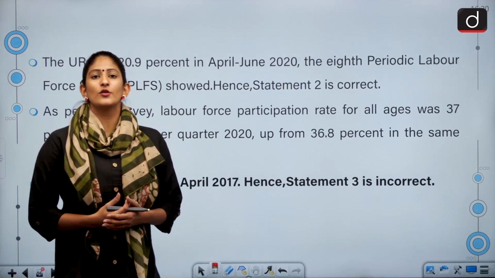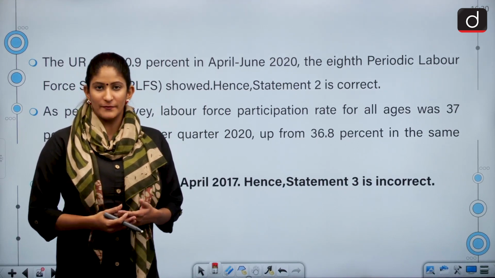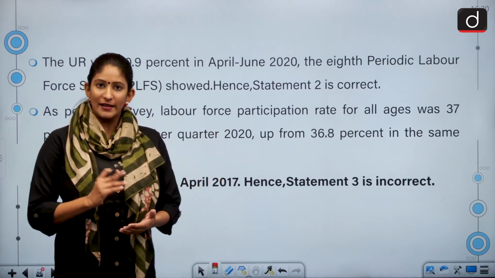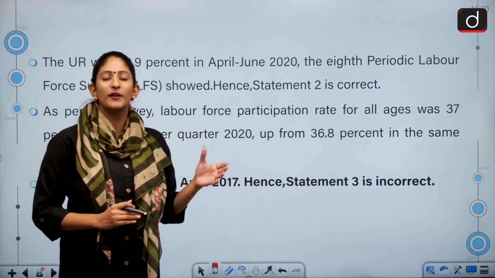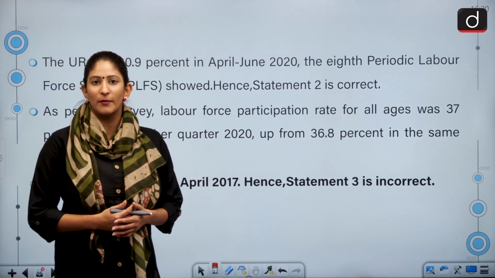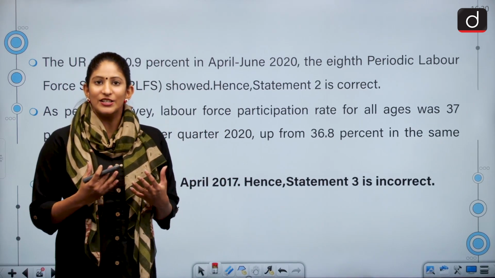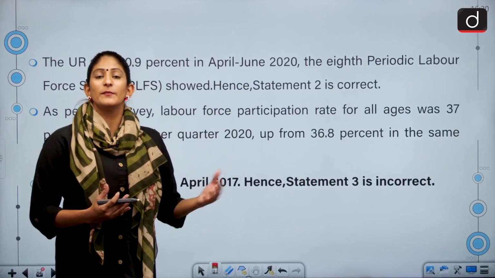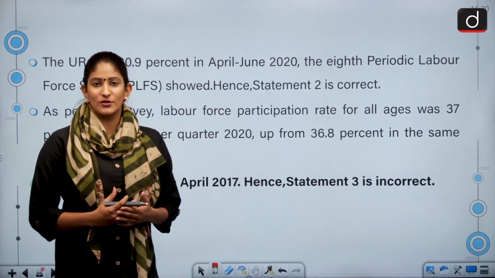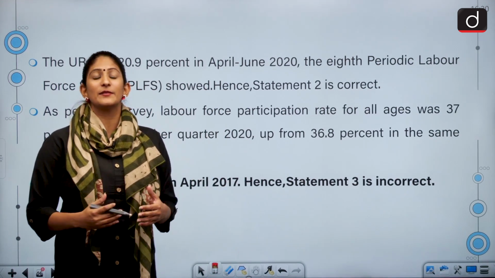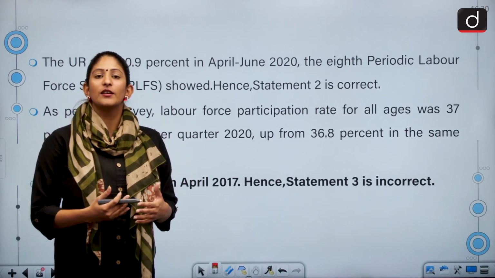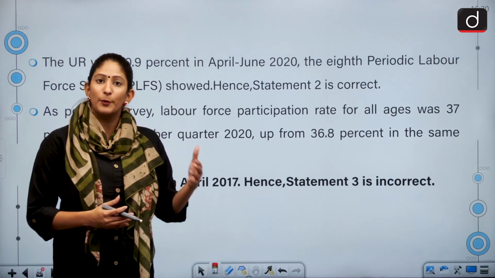So people started looking for self-employment opportunities, and they became self-employed. In one of our in-news series, we had also covered that. Because of the rise in distress due to the COVID-19 induced lockdown, according to the PLFS, many people started becoming self-employed, and that is why they were included in the employed segment.